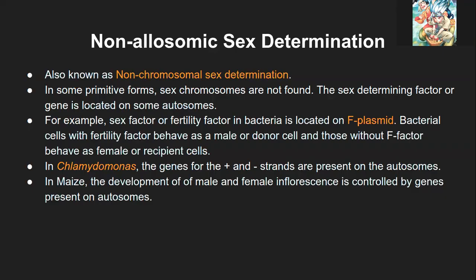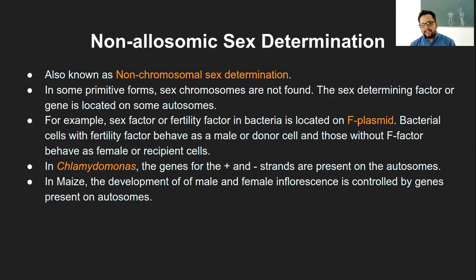The second line says the sex determining factor. So in some cases, what happens is there is integration of this extra genetic material with the genetic material. So that is why that statement. Otherwise, usually in most of the bacteria, you will find the plasmid separately.